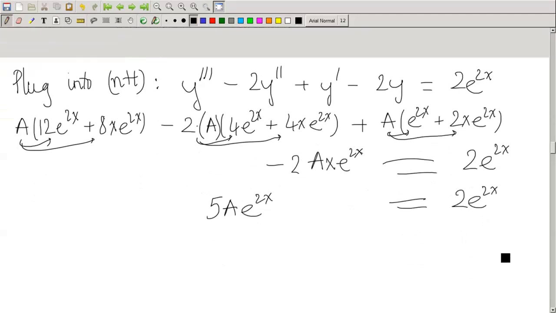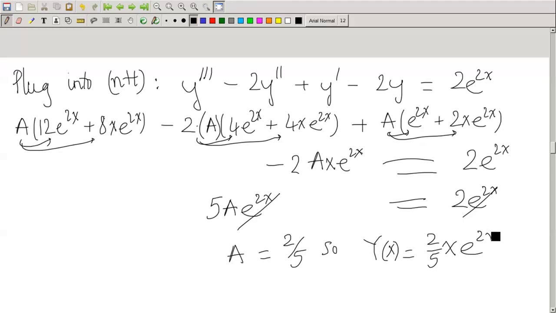Now we solve for a: cancel this and divide both sides by 5. We have a is 2/5, and so our capital Y of x is 2/5 of x e to the 2x.